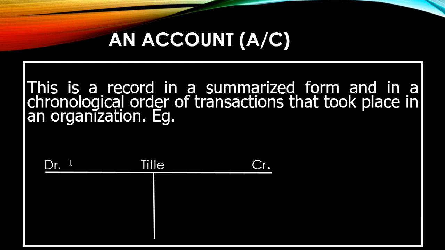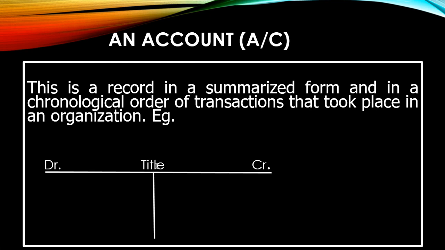We have a debit side, which is on the left, then the title, which is the type of account. Is it the equities account? Is it an account for expenses? Is it an account for rent? Is it an account for transport? The type. Then it also has the credit side.